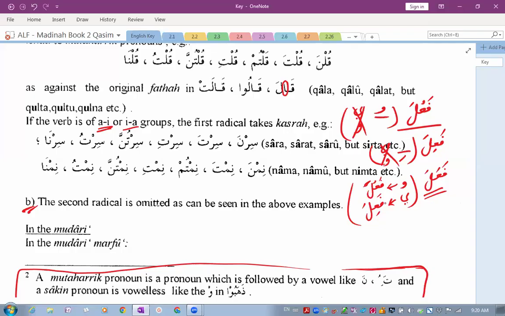And if it is fa'ala, you see if it is wawi, you treat it as fa'ula and apply the rule of fa'ula. If it is yai, you treat it as fa'ila. That means you will have a kasra on the first radical and drop the weak letter. So that's the whole summary of past tense.